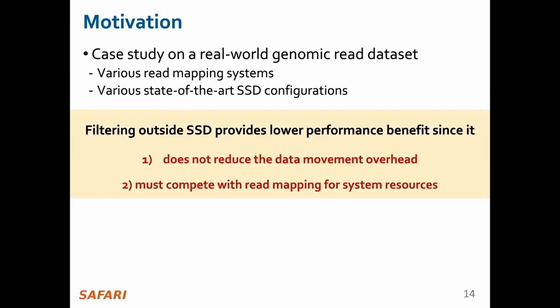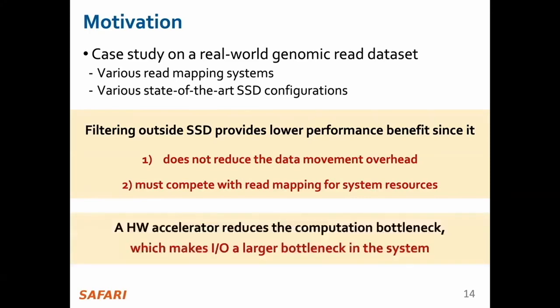And also it must compete with read mapping for resources across the system, for example, compute resources, memory bandwidth, and external SSD bandwidth. We also observed that a hardware accelerator reduces the computation bottleneck, which makes the IO actually a larger bottleneck in the system.